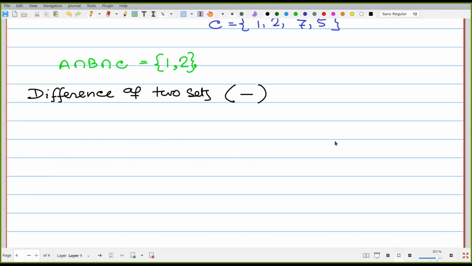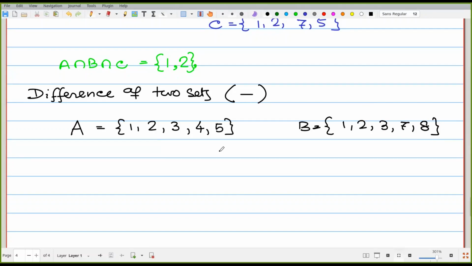Suppose we have two sets, A is equal to {1, 2, 3, 4, 5} and B is equal to {1, 2, 3, 7, 8}.